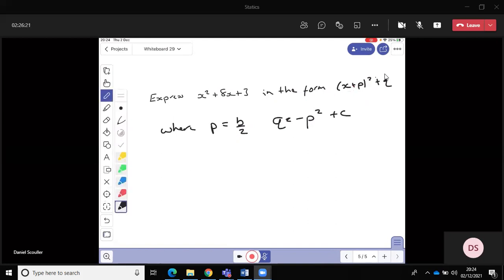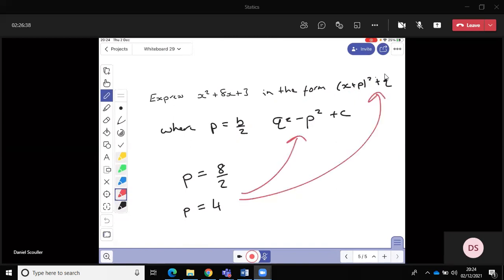If we were to find out what p is, it's just 8 over 2, so p equals 4. We can take the fact that p equals 4 and substitute it into this, and then into that.